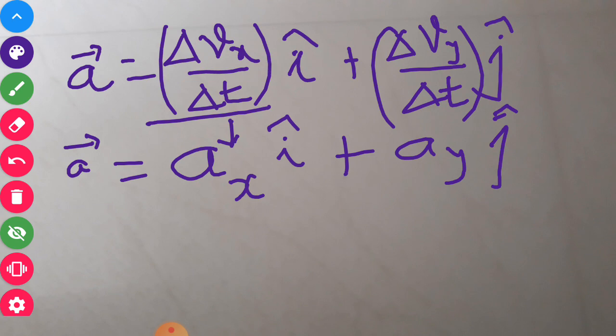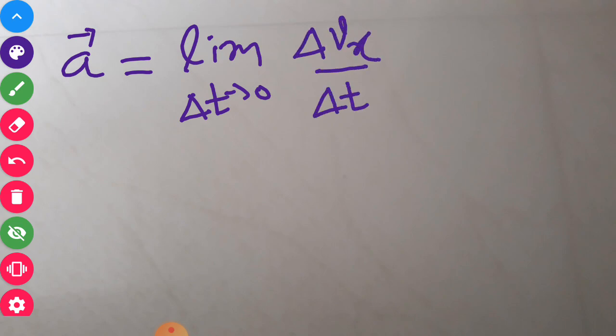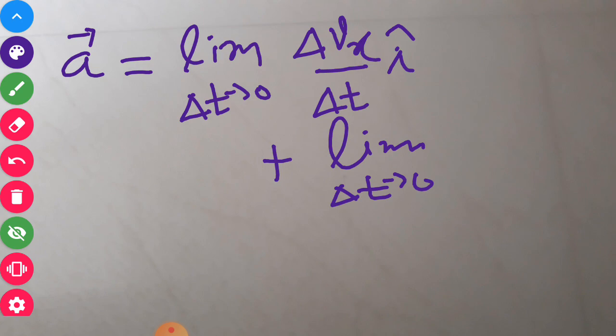Now if this time interval tends to zero, so if limit delta t tends to 0, then this becomes the instantaneous acceleration. Limit delta t tends to 0, delta vx upon delta t i cap plus limit delta t tends to 0, delta vy upon delta t j cap.